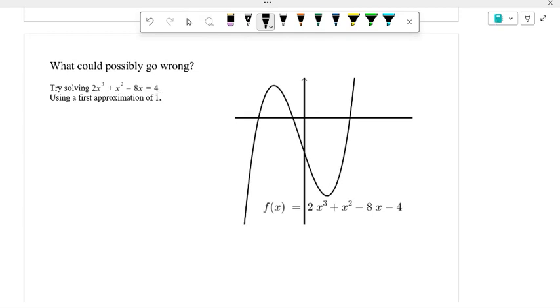And I want you to use a first approximation of 1. In other words, x naught is equal to 1. Okay, so again, I'll write down the formula. Xn plus 1 equals xn minus the function evaluated at xn over the derivative of the function evaluated at xn.